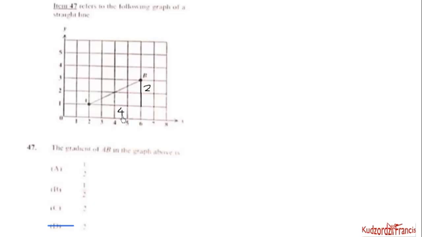So the gradient is change in y over change in x, and that will be equal to 2 out of 4, which is equal to 1 over 2. So the correct answer is 1 over 2.